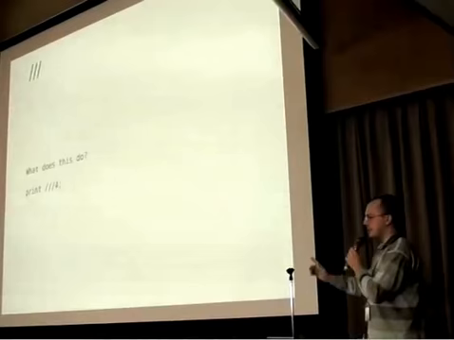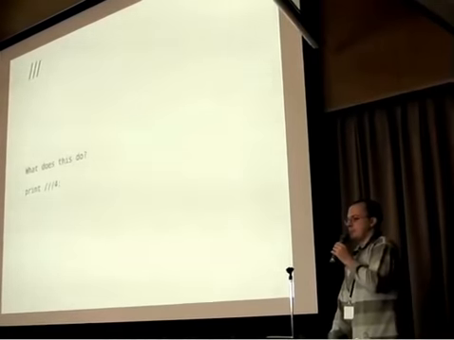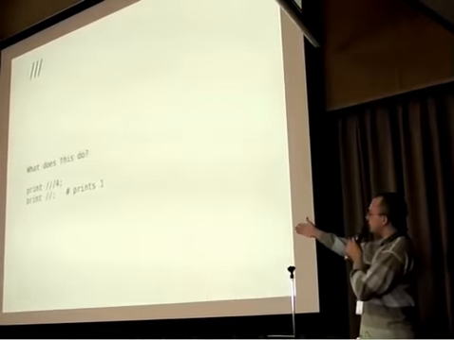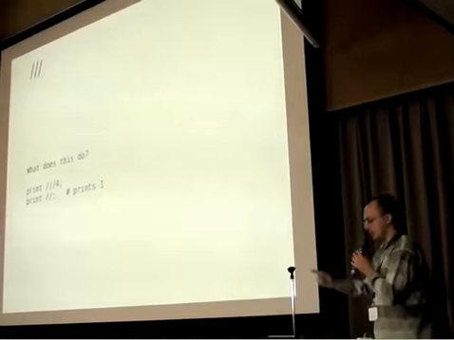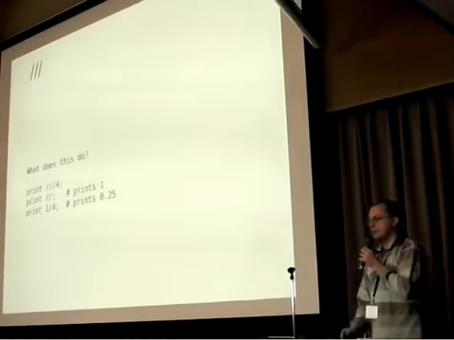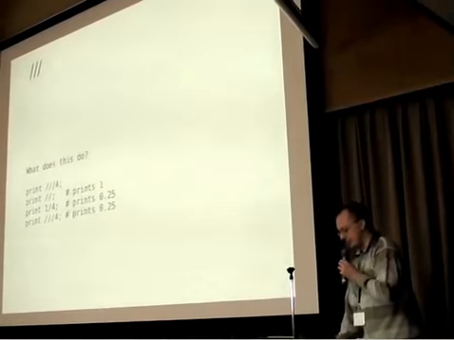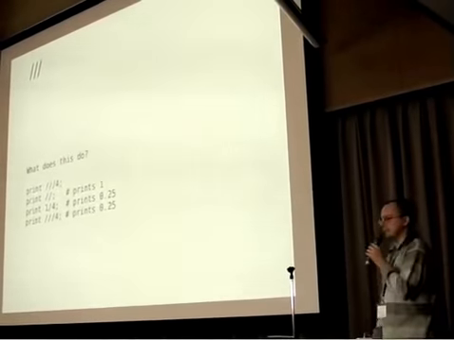So what does this do, for instance? You would think that this wouldn't even compile, but actually, double slash is a match of nothing, so it returns 1. If you divide 1 by 4, it returns 0.25. So if you do this, it actually prints out 0.25.